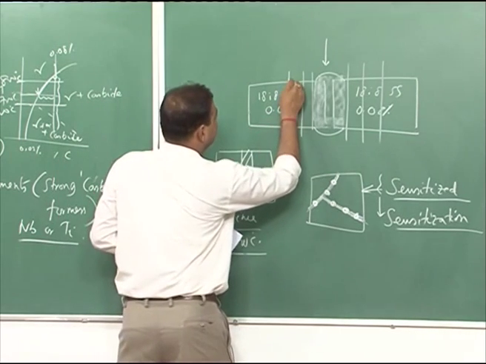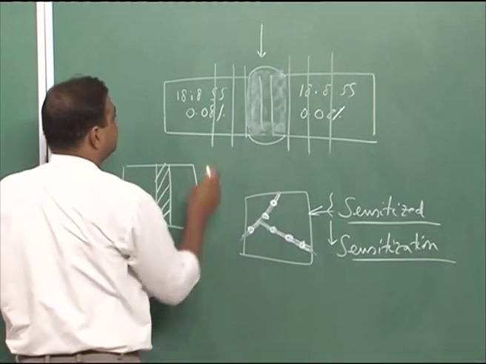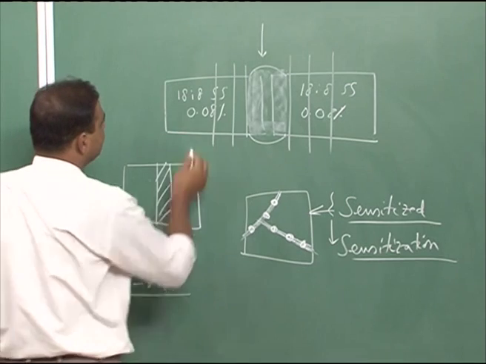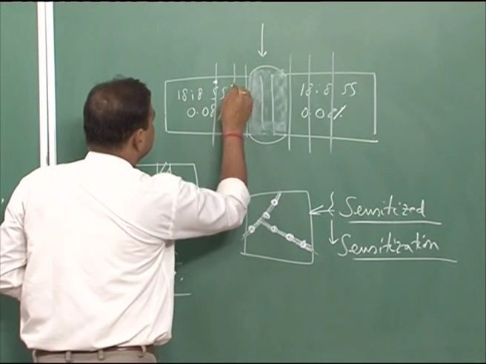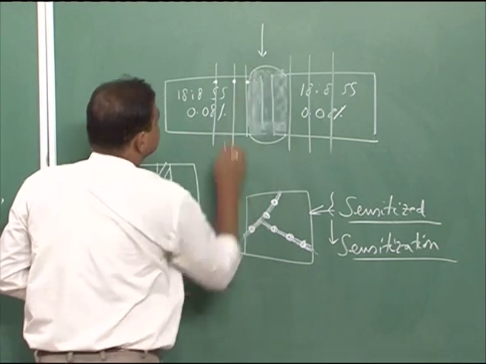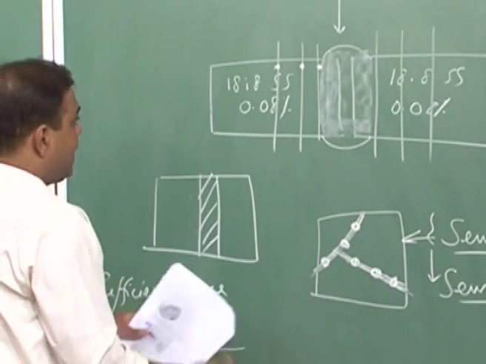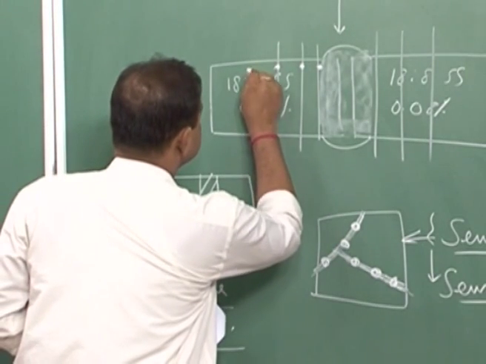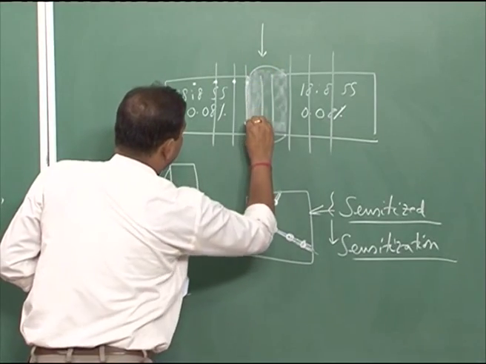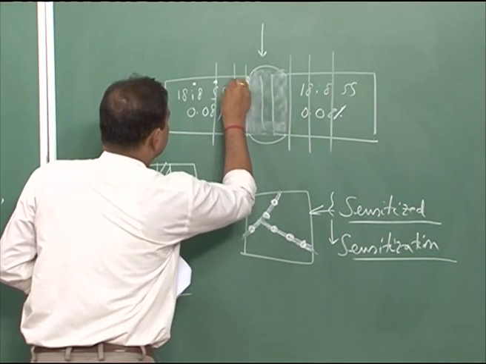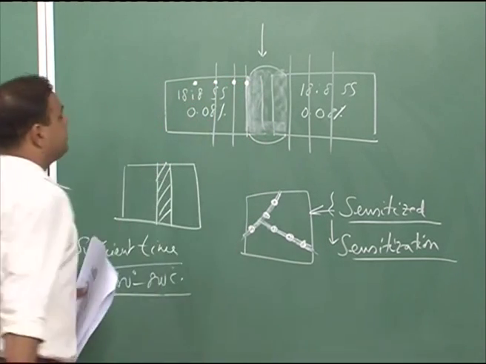Let me perform a simple experiment. I can mark all those points: this is one point, this is another point.